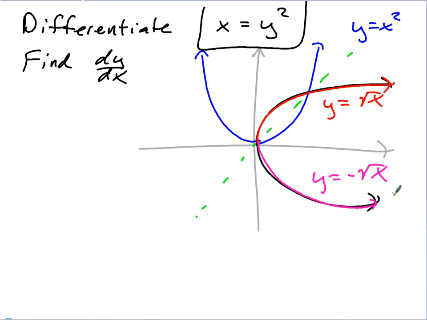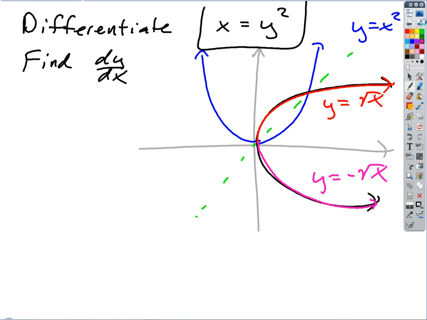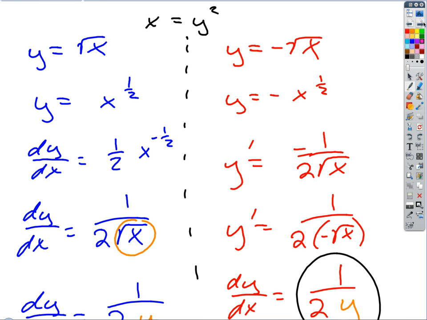And by the way, you're going to start to appreciate this more and more. When you solve explicitly for y in terms of x in any kind of relation, all you're doing is splitting it up into separate functions, cutting it into pieces, each of which independently is a function, right? Taken together, it was a relation that was not a function, but separately they're functions, and then I just treated them one at a time. But the beauty of what we did was we didn't have to do that.